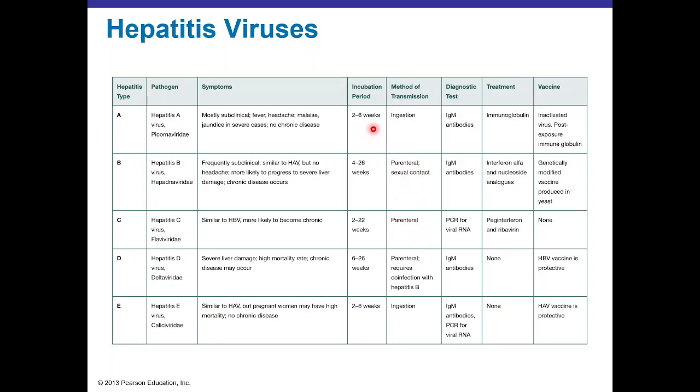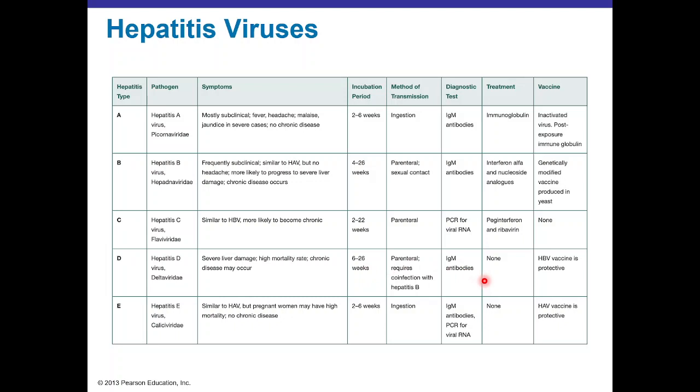And the incubation period is the time it takes for the virus to make the host have signs and symptoms. Hepatitis A and E have a similar incubation period of 2 to 6 weeks. The other ones have a slightly longer period.